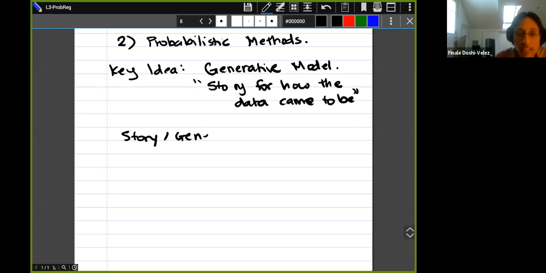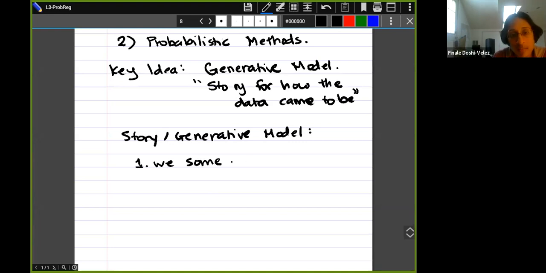So the story, in this case for the generative model, is going to be that first, we have some input xn, right? Some xn comes along. What happens to that xn to produce the output? Well, we multiply the xn vector by our weights.